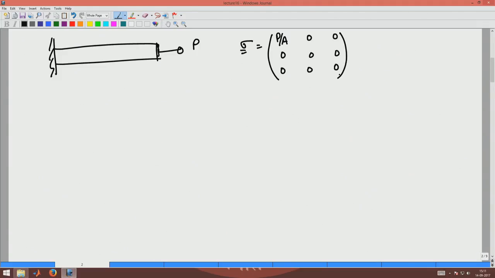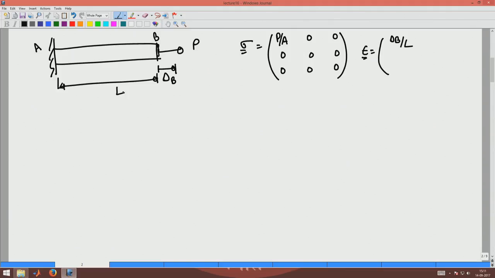And in the uniaxial loading case we understood that the strain would be, if this is A and B and if B displaces by amount delta B, this is delta B by L, where L is the length of this member.